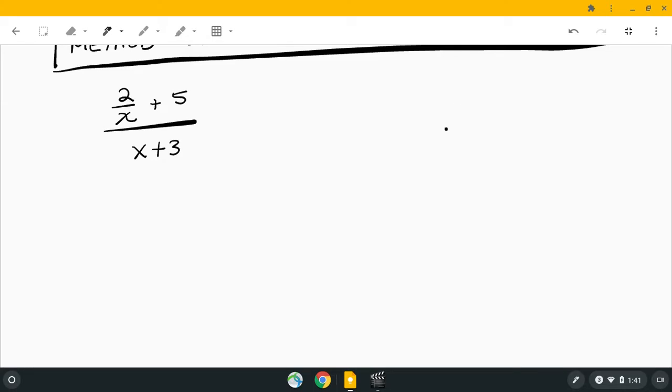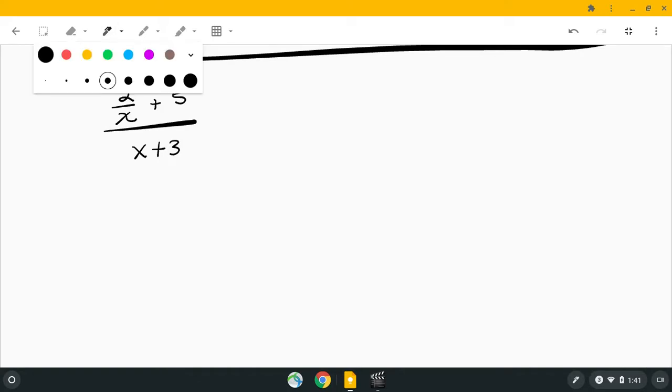Here I look at each term, and I have 1, 2, 3, 4 terms. Only one is a fraction, so it's very easy to find the LCD between the 4 terms, because the others are like over 1, over 1, and over 1. So the LCD is just this x here.